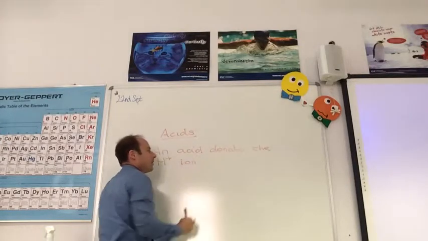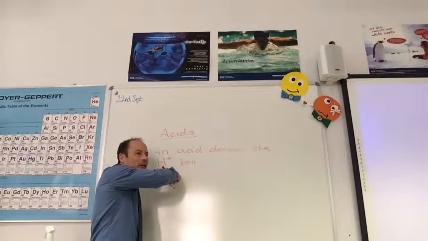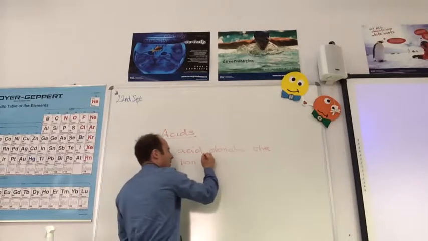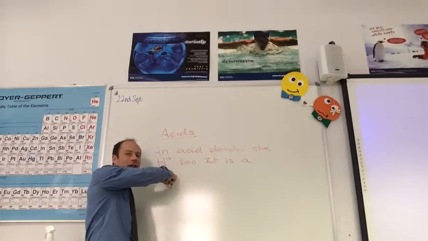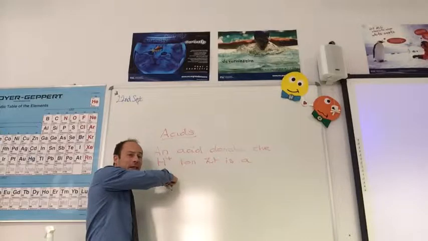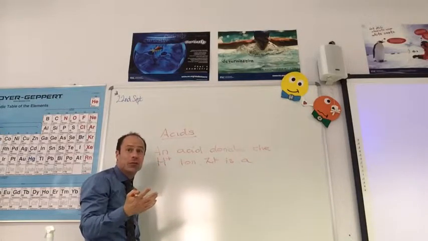Oh yes, I remember this. So what's another name for an H plus? It's a hydrogen atom which has lost an electron, which means it's positive, which means it's just a proton.